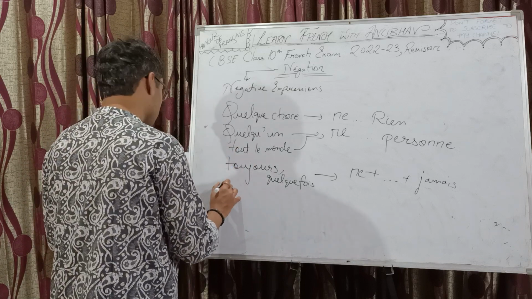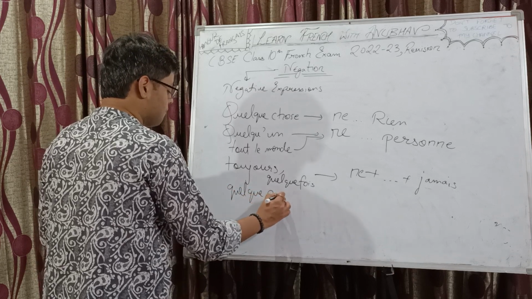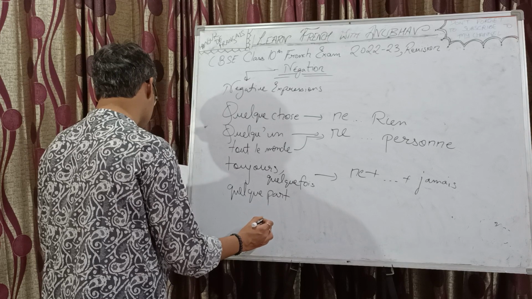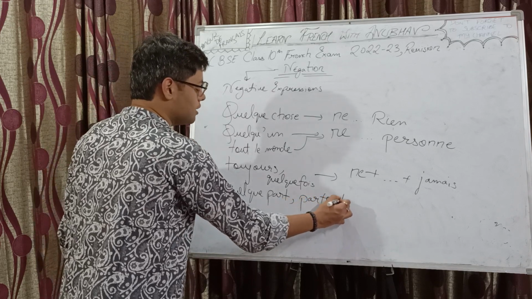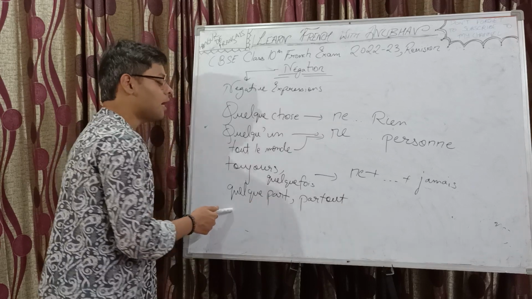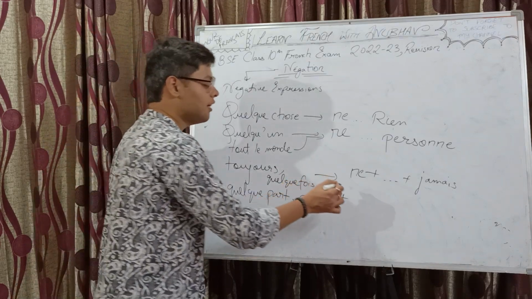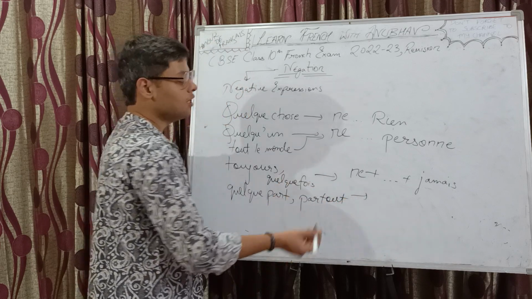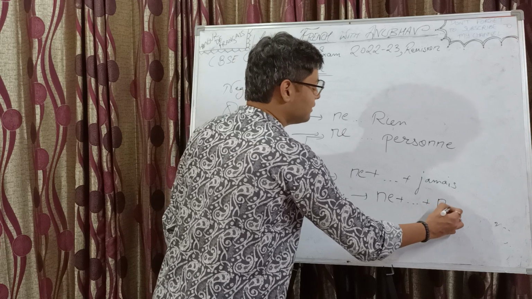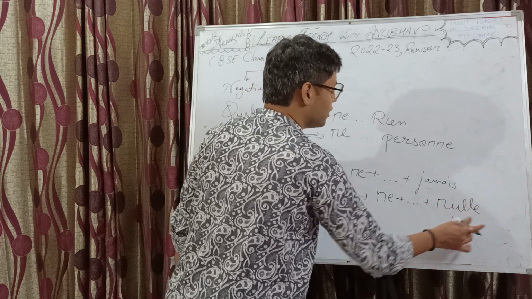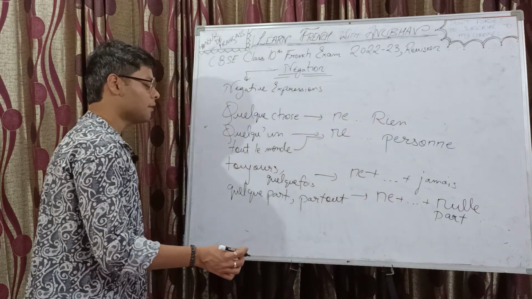After toujours, we can talk about quelque part, and we can also talk about one more expression, partout. Partout means everywhere, and quelque part means somewhere, right? Negative will be what? Nowhere. So subject plus ne plus verb plus nulle part. Nulle part.